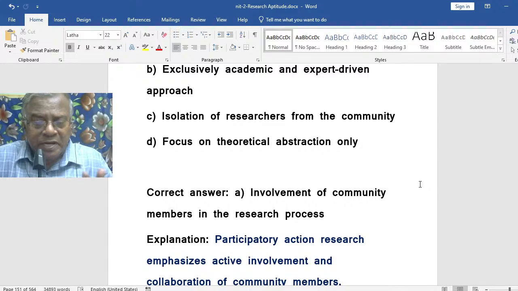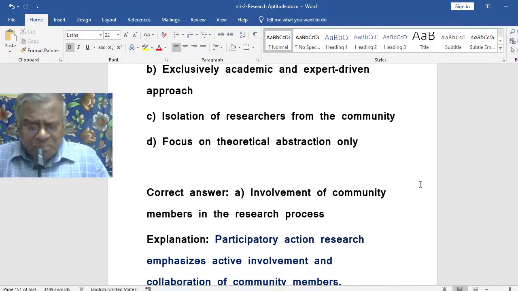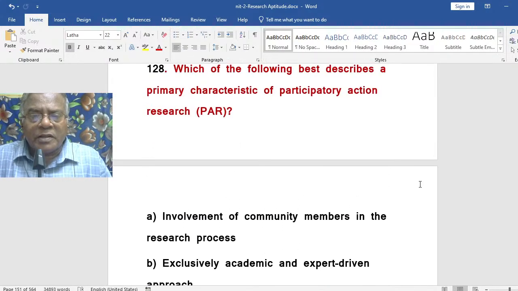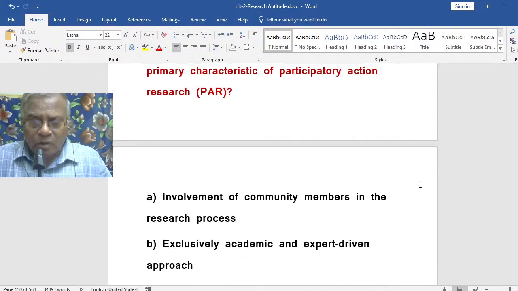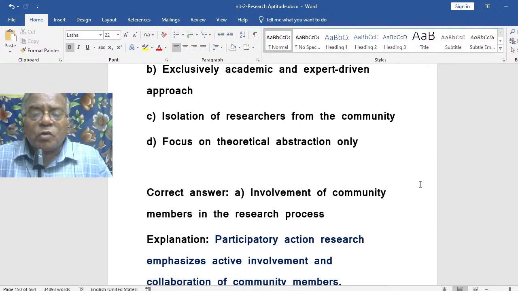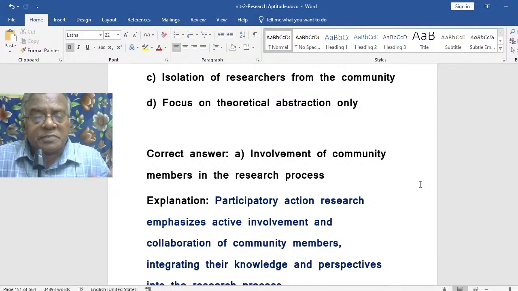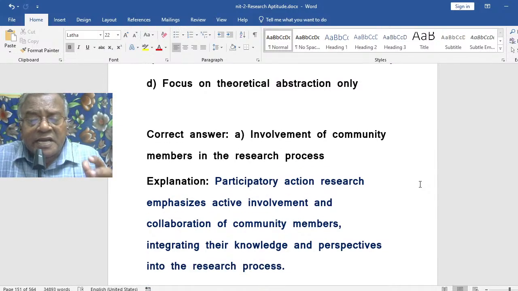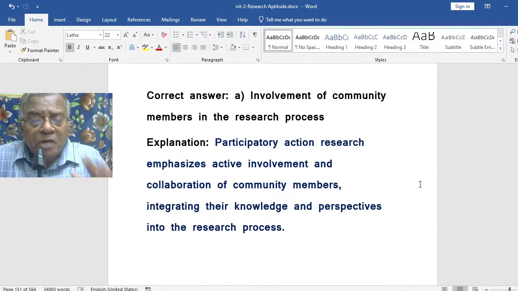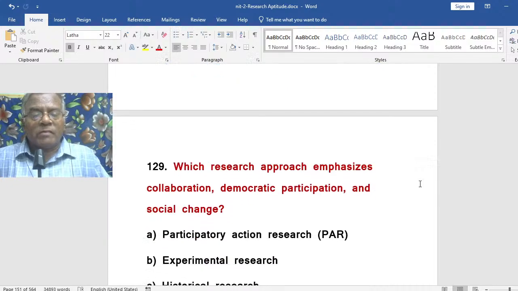That is participatory action, participation by the people. Participatory action research emphasizes active involvement and collaboration of community members, integrating their knowledge and perspectives into the research process.